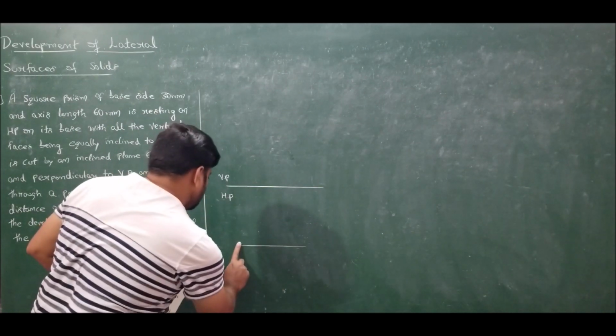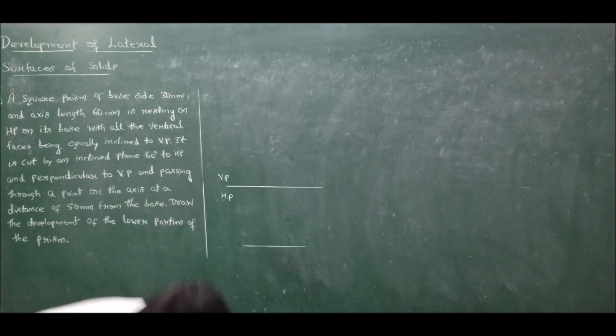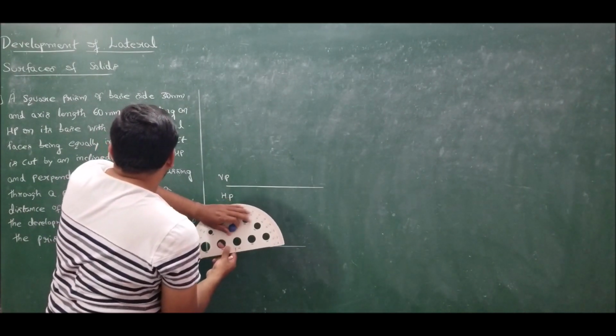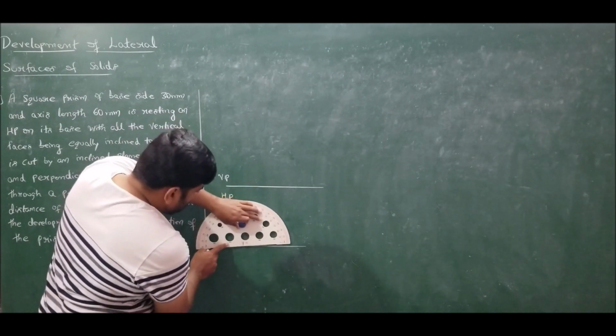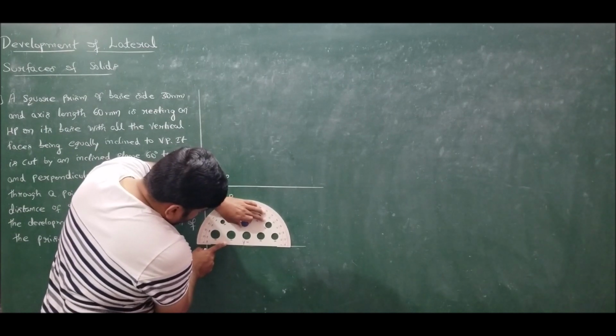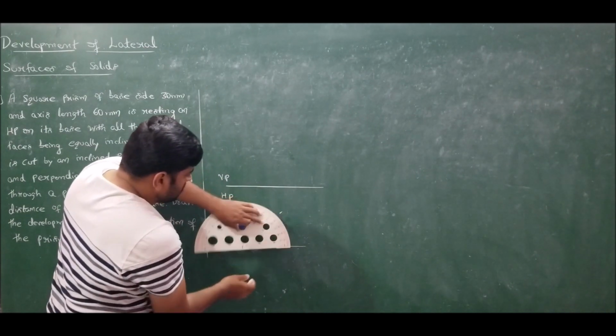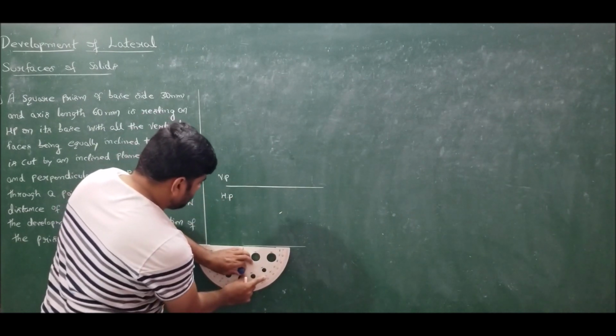For which, let us draw the sides of the square whose dimension is given as 30 mm at an angle of 45 degrees on either side. So first I will mark 45 degrees on either side.